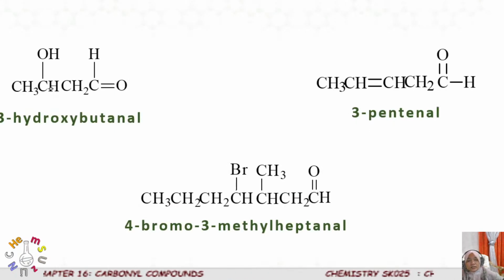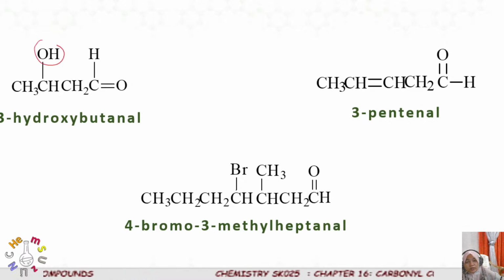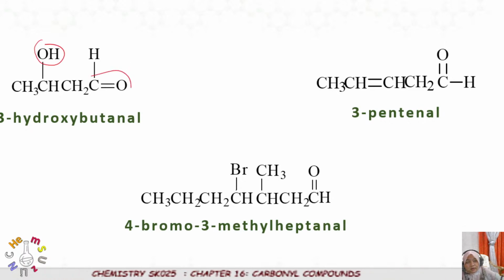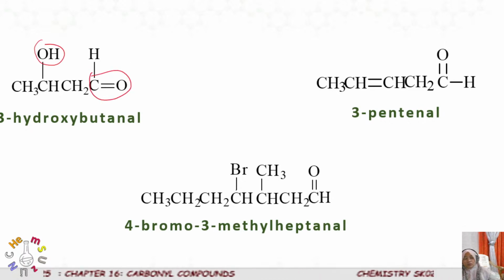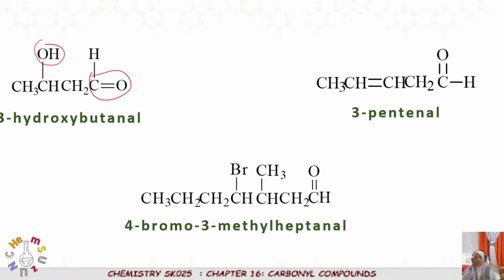Let's look at the examples. Example number 1. Let's look at the functional groups. Here we have the OH group and here we have a carbonyl group. So the priority is given to the carbonyl.